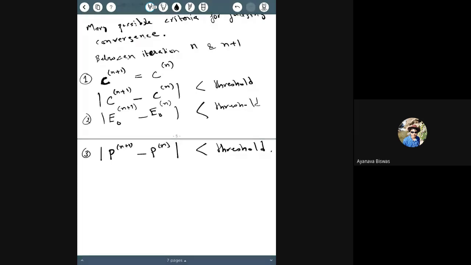This means that if you have an error in the coefficient matrix of 10 to the power minus 2, then the error in E0 will be 10 to the power minus 4. So the energy will converge faster than the coefficients.